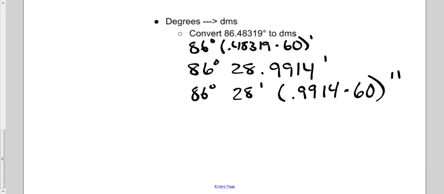That's going to be 58 or 59. So this is 86 degrees, 28 minutes, 59 point something, 59.484 seconds. Those are just the units we have for seconds, minutes, and degrees. That's how we signify. Okay?